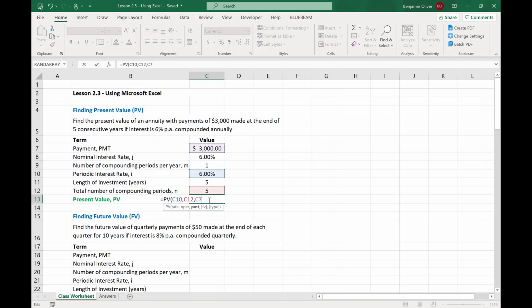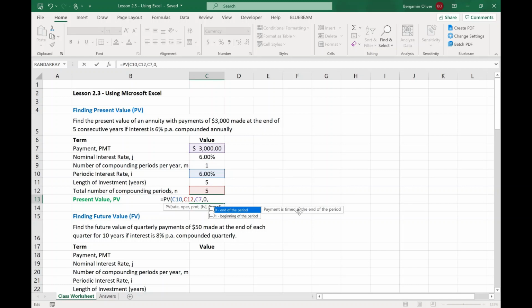But going back to our formula here, if you know one of them, and you may actually end up knowing type, I'll explain why. If you don't know it, you can just type in 0, and that assumes that you don't know what it is. The last one is type, and there's 2 types it shows, the end of the period or the beginning of the period.